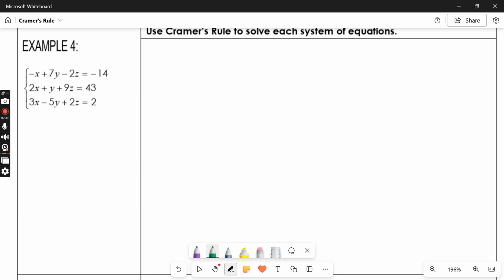Number 4, the first thing I'm going to do is find my determinant. So my coefficient matrix is negative 1, 7, negative 2, 2, 1, 9, 3, negative 5, 2.